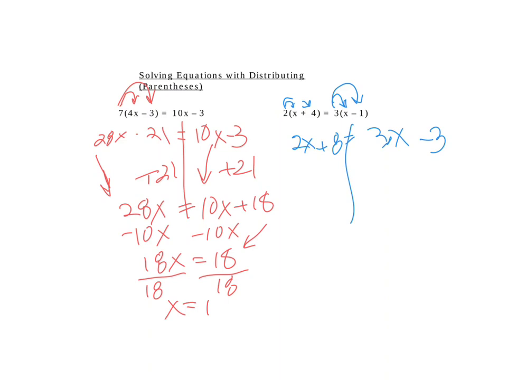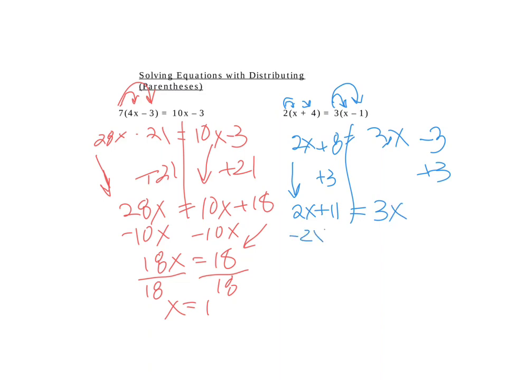All right. I'm going to put my x's on the right-hand side this time. So that means I'm going to add 3 to get rid of it from the right-hand side. 8 plus 3 is 11. Bring down my 2x. 2x plus 11 equals 3x.